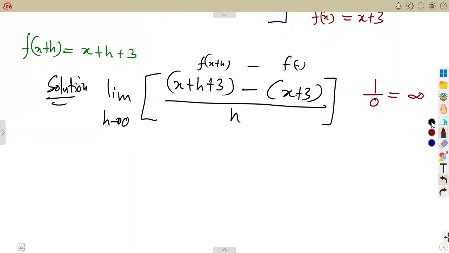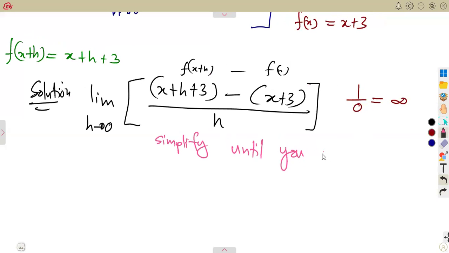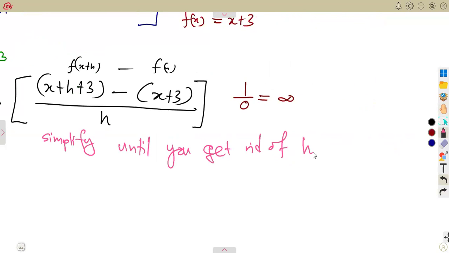Expand your bracket, simplify until you get rid of h in the denominator. Okay, let me just write this as a statement. Simplify. So you're going to need to simplify until you get rid of h in the denominator.